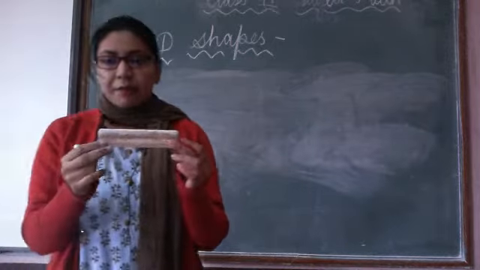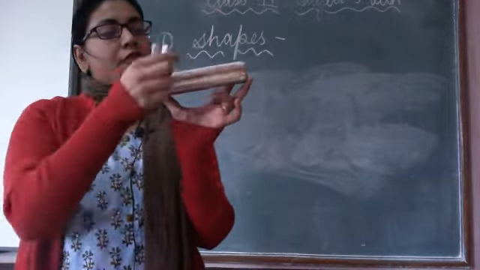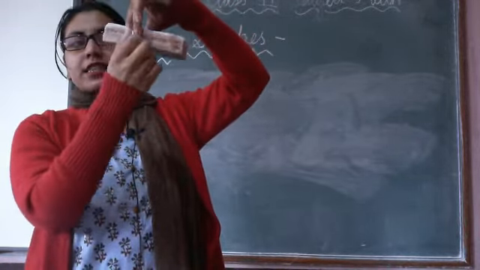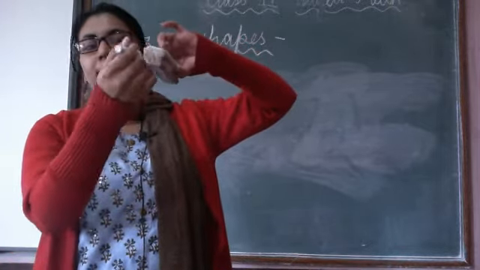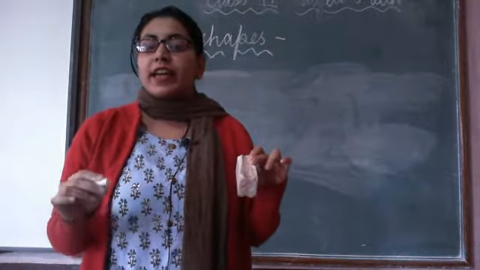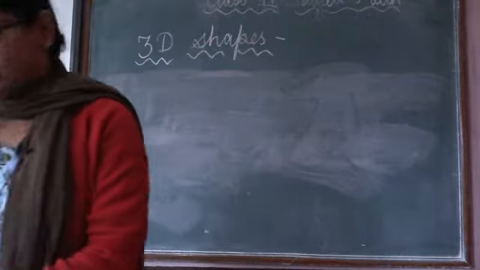See, this is the example of cuboid. So this surface and this surface, these are equal. This surface and this surface, these two are equal. This surface and this surface, these two are equal. This is a cuboid, and in cube all the surfaces are equal.